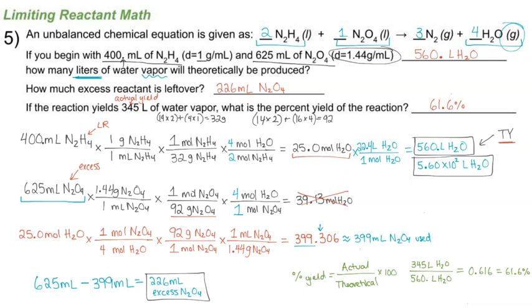We've solved all parts of the problem. This is the kind of problem that you can expect to see on a stoichiometry test. To be able to go all the way through this process of balancing the reaction or writing the reaction, calculating the theoretical yield and the amount of excess reactant, and lastly calculating the percent yield for a reaction.